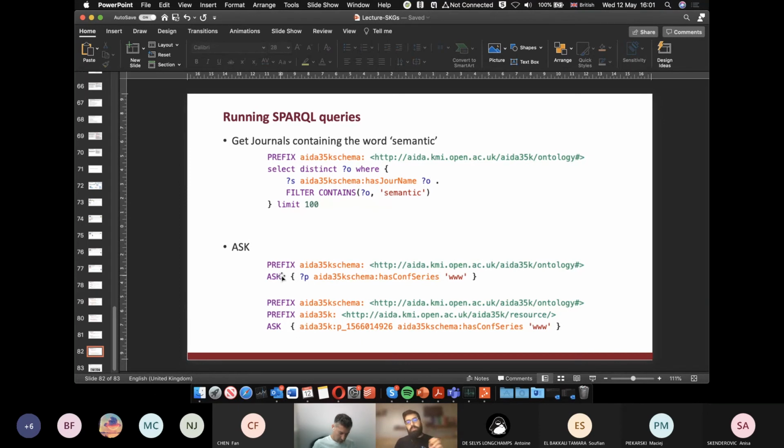So in this query, what I am showing is whether there are papers that have been published at the conference WWW. There is a conference that has the acronym WWW, and I want to know whether there are papers there. Let me check if I have this query.